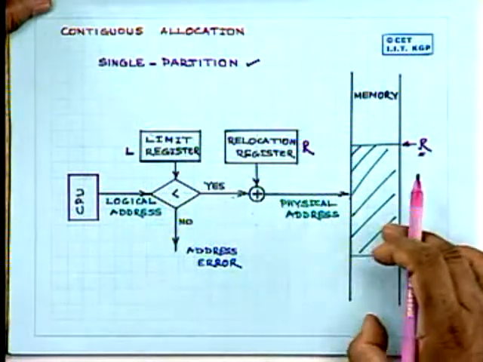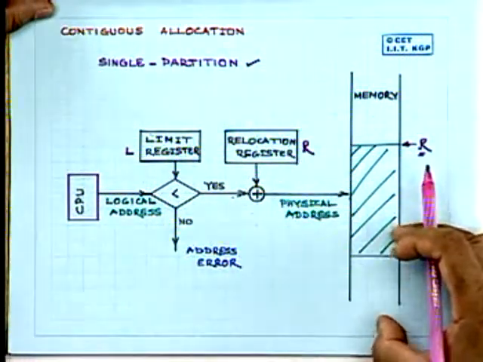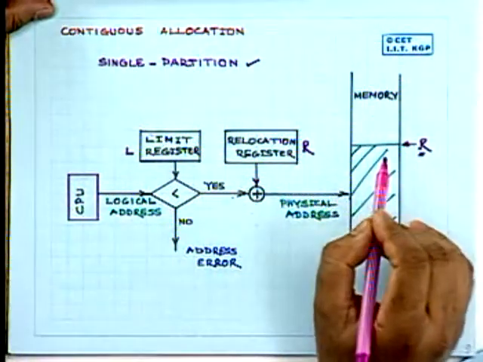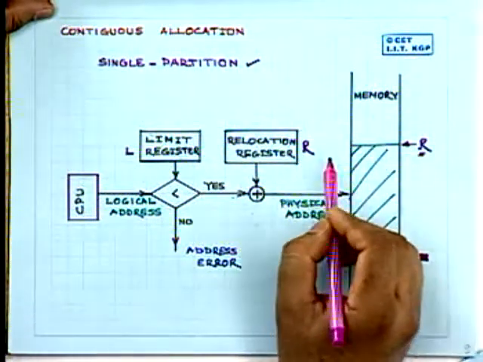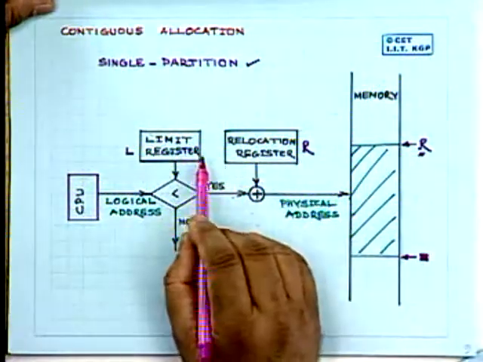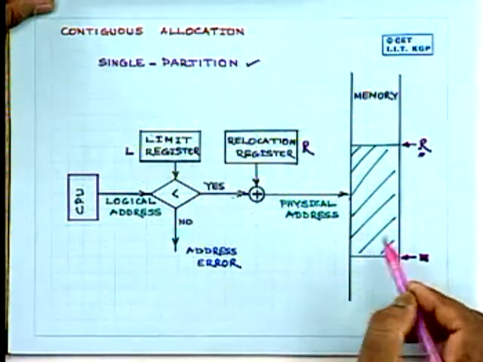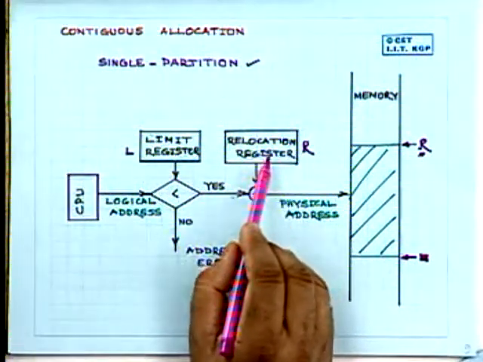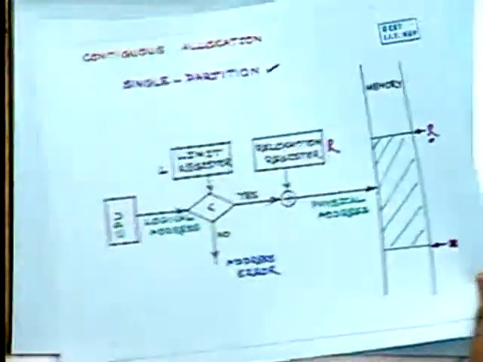Therefore, even during execution time, if I want to shift this module from anywhere to anywhere, where I am shifting to, that particular address has to be known, and the operating system, before resuming the execution of this program, has to load the relocation register with the starting value of that particular partition in the main memory.